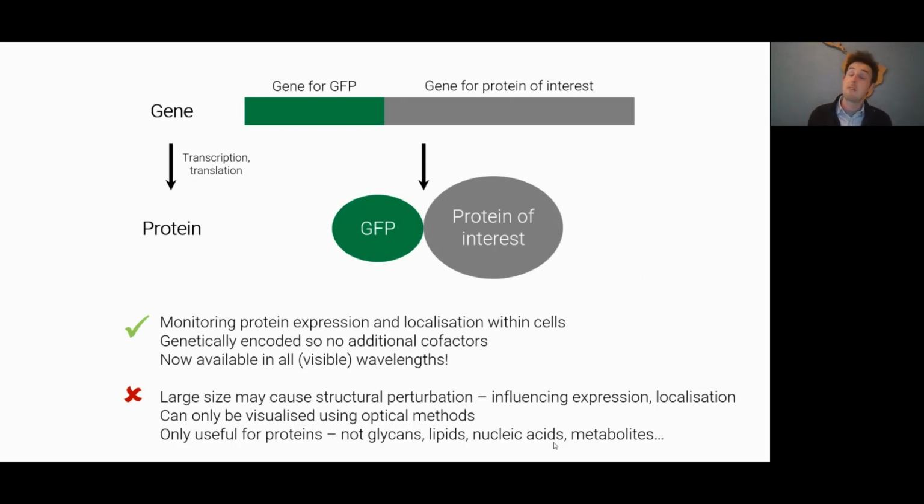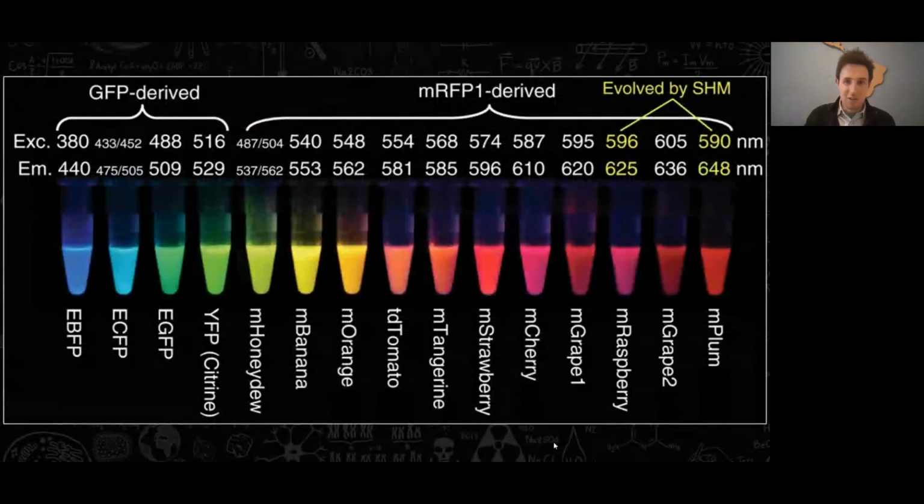So you do need to do a lot of validation just to show that when I've linked my fluorescent protein to my protein of interest, the protein of interest is still behaving the way you want it to, so that any observations you then make tell you something useful about the system and are not just an artifact of your engineered system. And as I mentioned, you get fluorescent proteins in a whole host of different colors with all sorts of different photophysical properties.